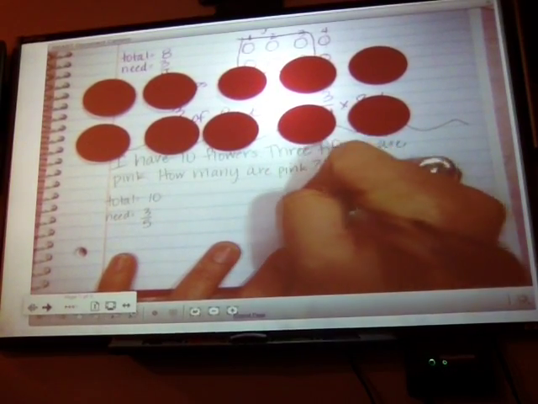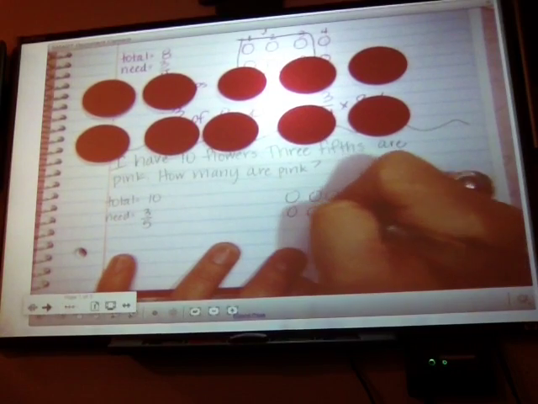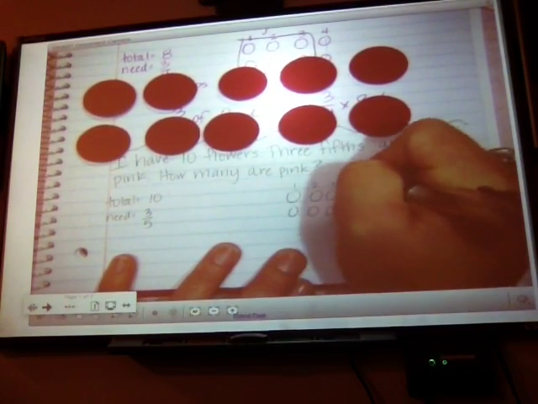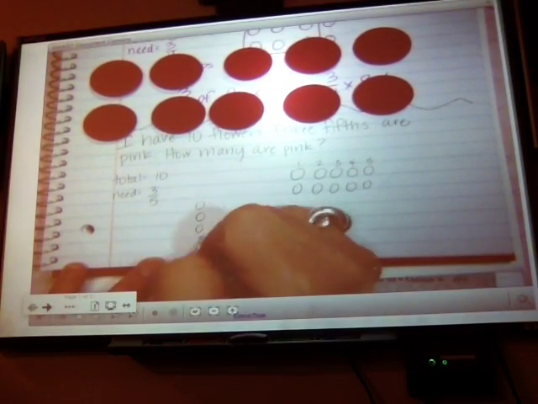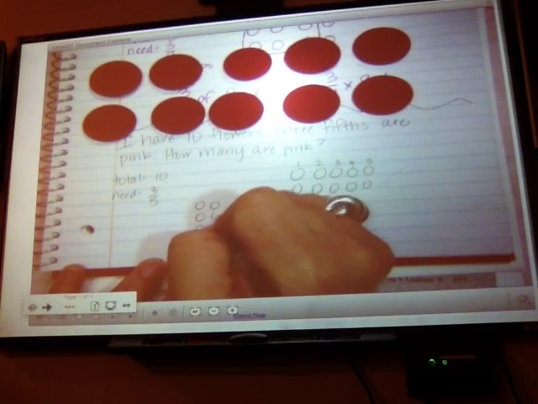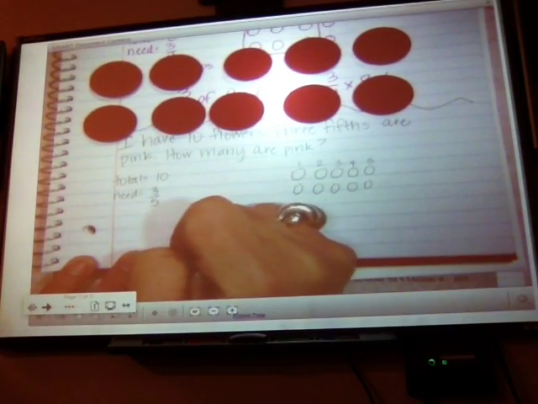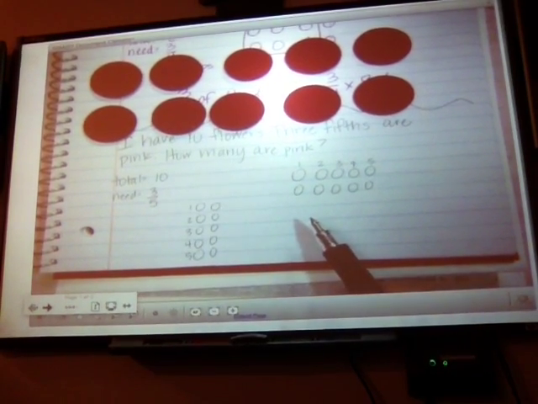Here's 1, 2, 3, 4, 5. Is there anything different if I were to do it this way, vertical versus horizontally? No.